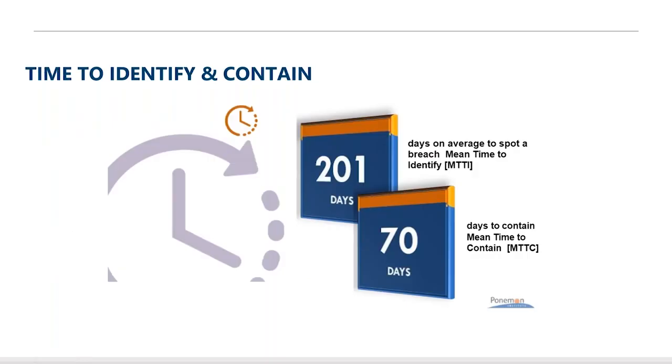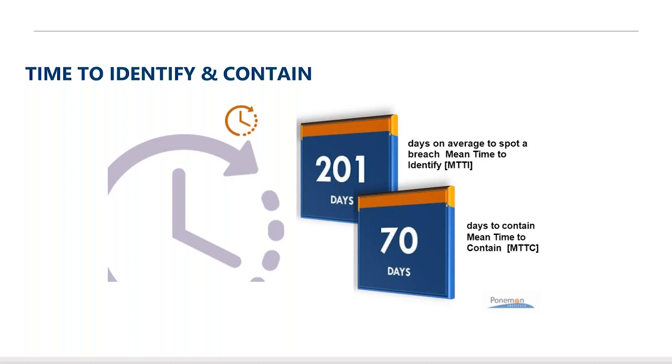Moving forward, based on some findings by the Ponemon Institute, the average time to spot a breach, or the mean time to identify, is 201 days. And then the mean time to contain is 70 days. Now let that sink in. 201 days.